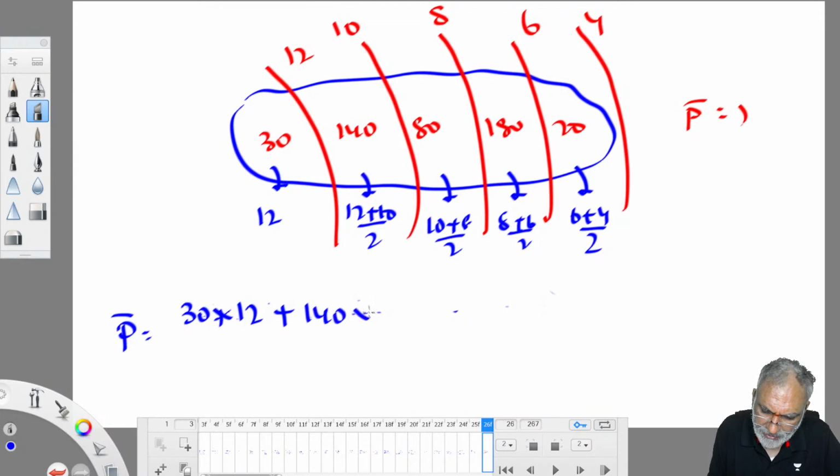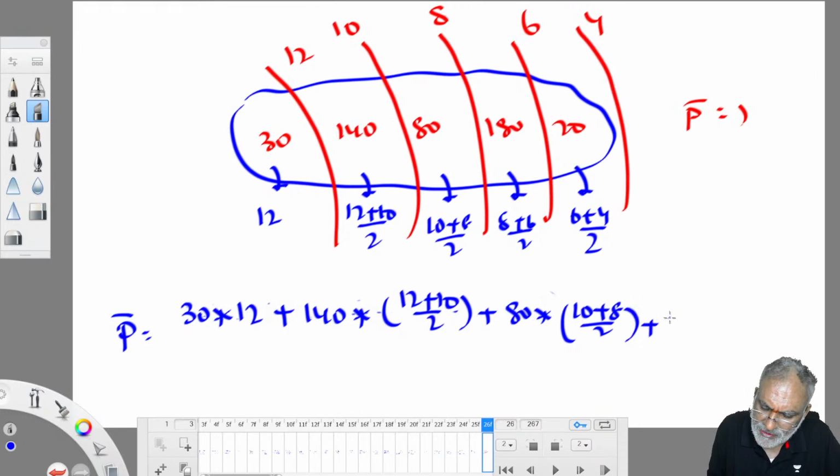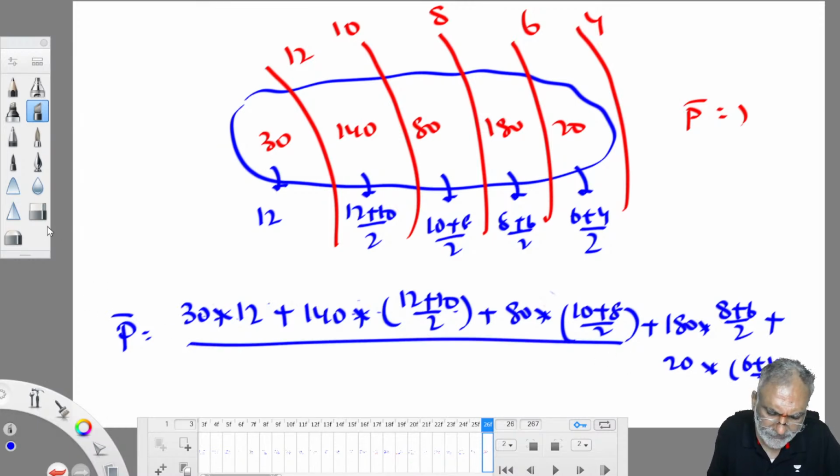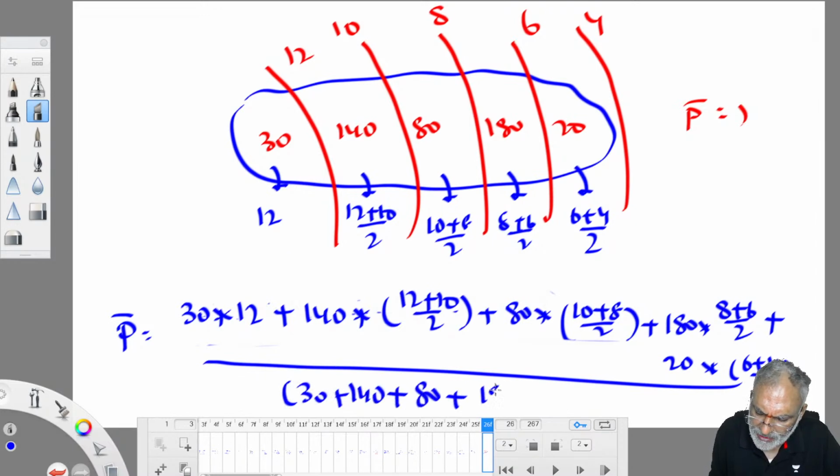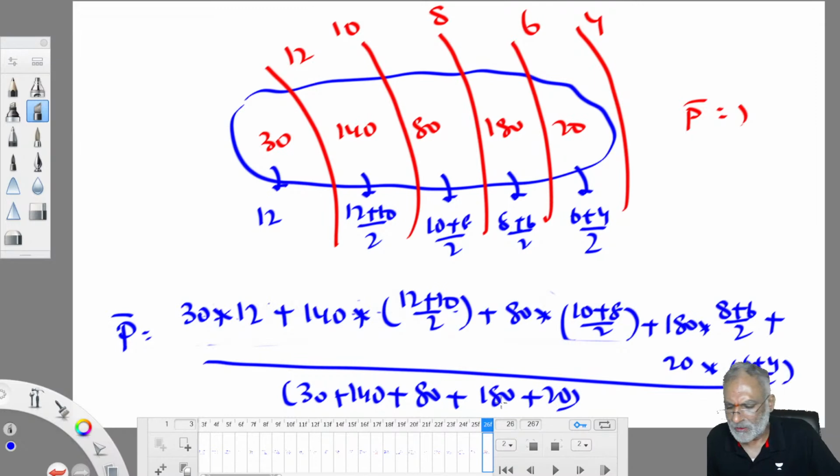Then 140 into 12 plus 10 by 2, plus 80 into 10 plus 8 by 2, plus 180 into 8 plus 6 by 2, plus 20 into 6 plus 4 by 2, by total area. What is total area? If total area is given, fine; if not given, we sum up all these: 30 plus 140 plus 80 plus 180 plus 20. Then work out the mean precipitation.